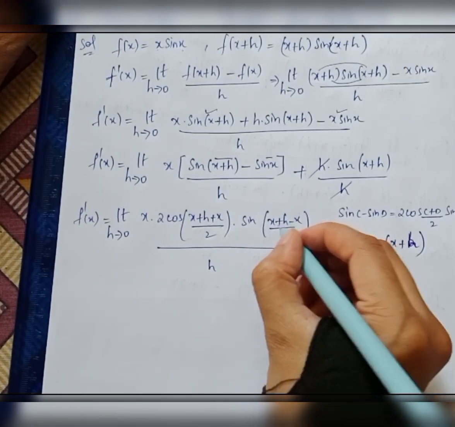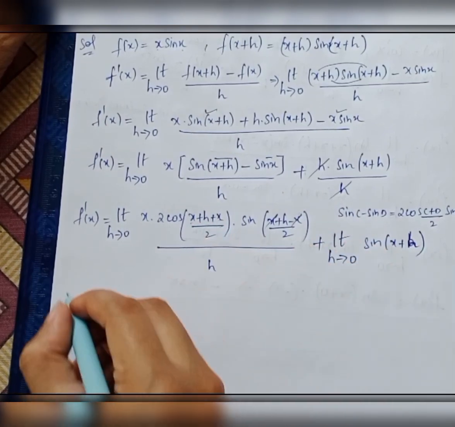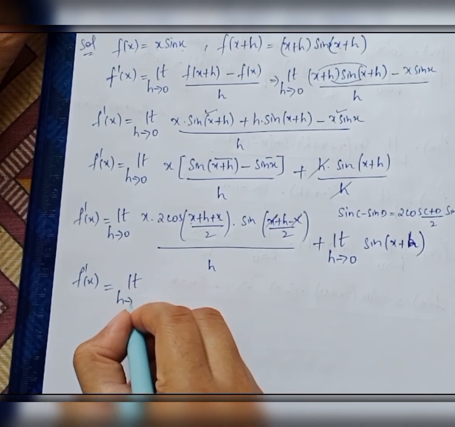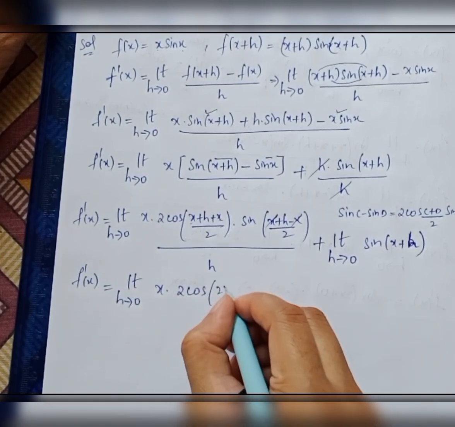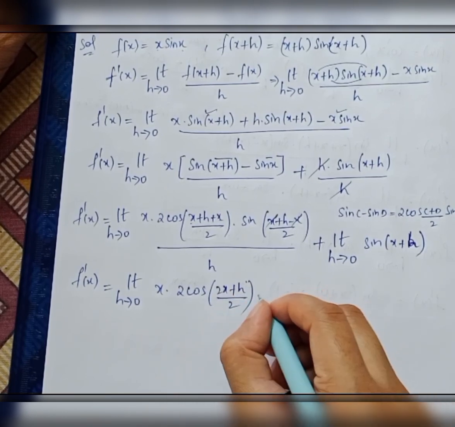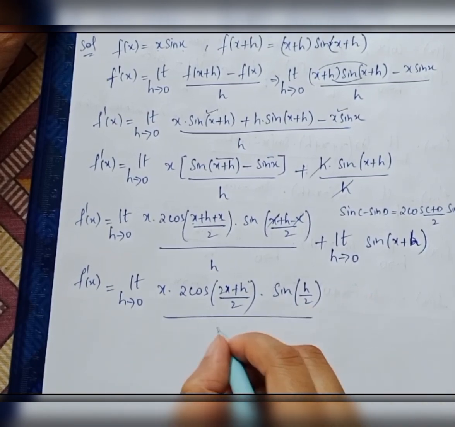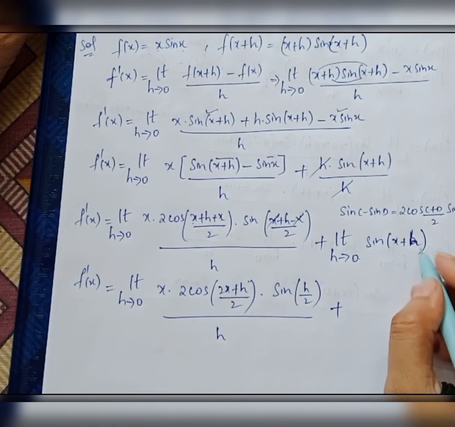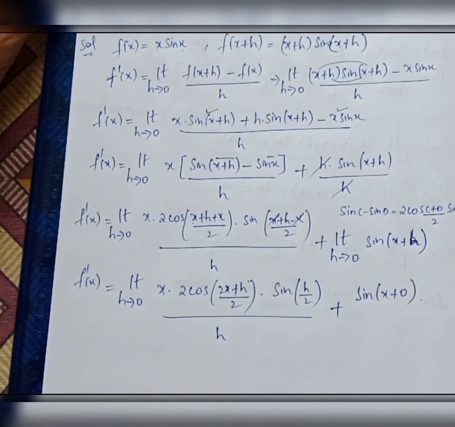Now this plus x and minus x get cancelled, adding the x terms here. So f dash of x is equal to limit h tends to 0 x into 2 cos (2x plus h) by 2 into sin (h by 2) whole by h, plus now substituting the value 0 in place of h, so it is sin x plus 0.